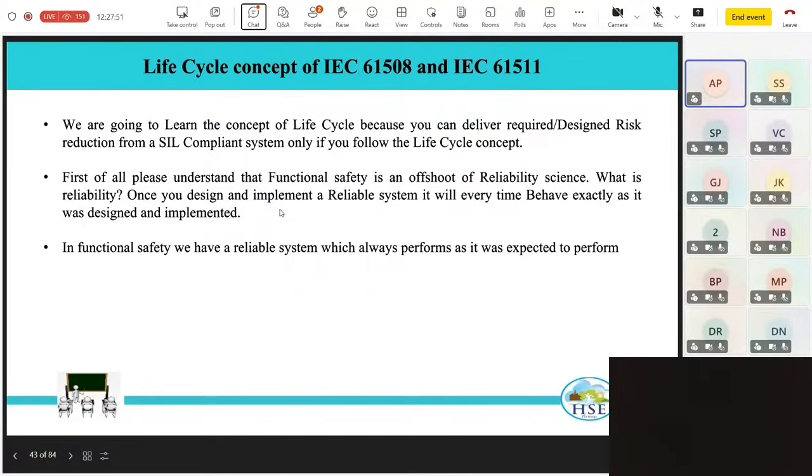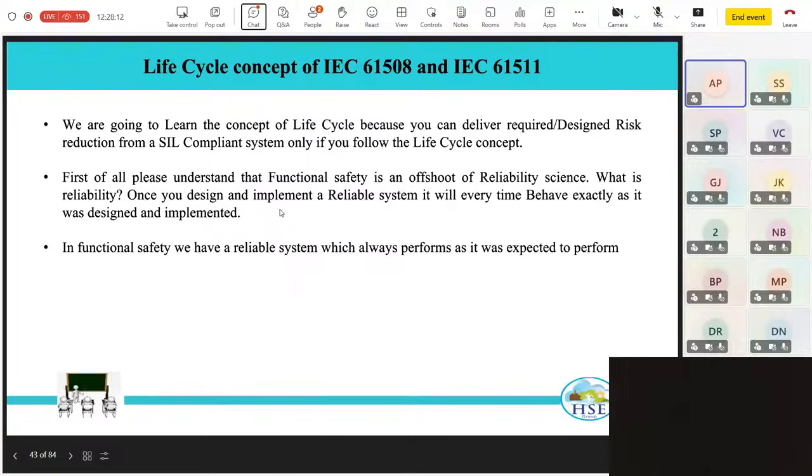But if you are all the time meticulously monitoring something, closely guarding something, and you are covering that entire life cycle, then most of the time you will be able to get the response from the safety system the way you want it.